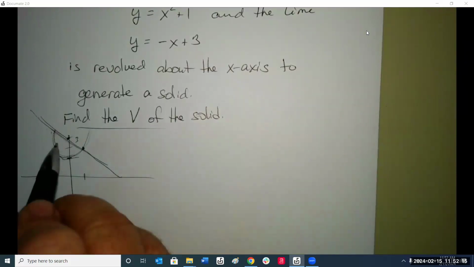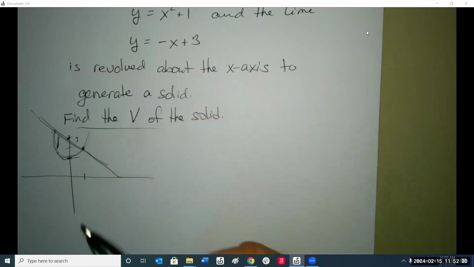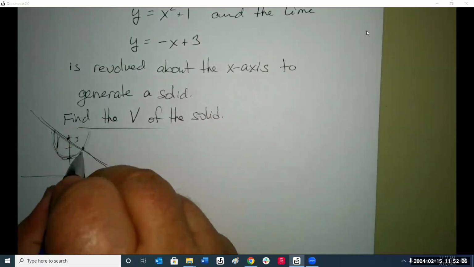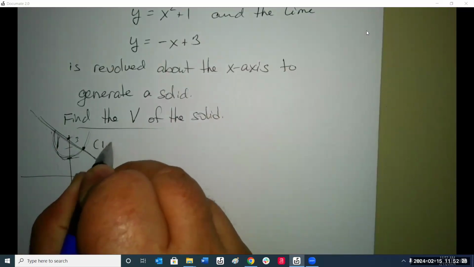When it's revolved around the x-axis, it has to be perpendicular, so that's going to be our height. We have a point here at 1, 2.